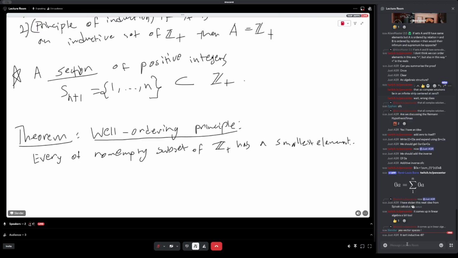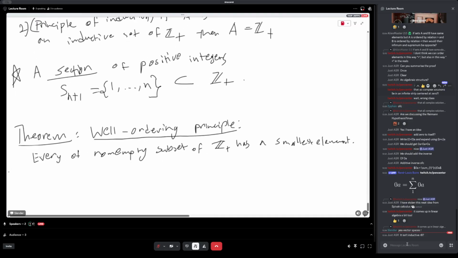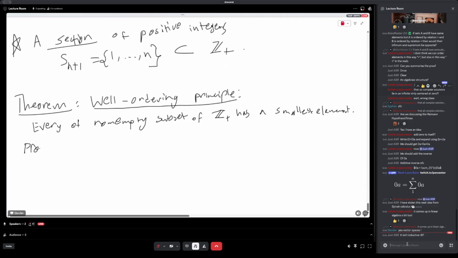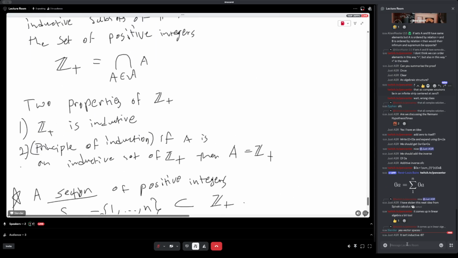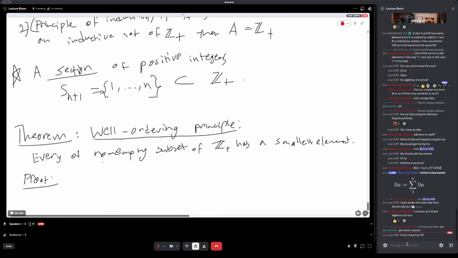Now we can use induction to prove this. Here we use the principle of induction to prove the well-ordering principle.